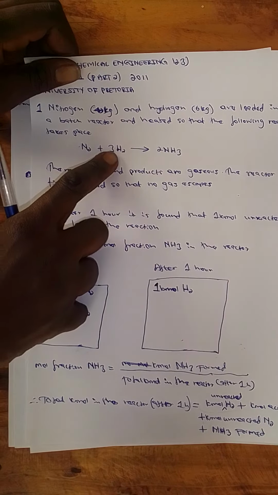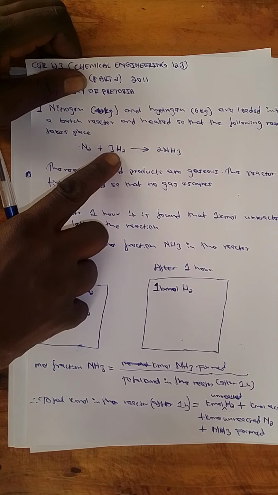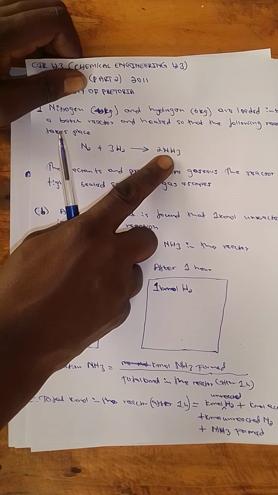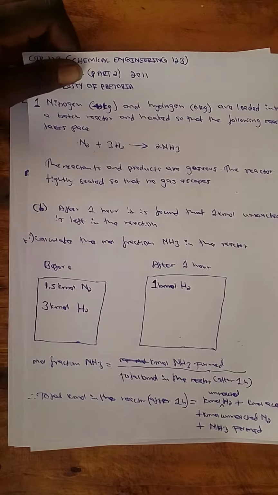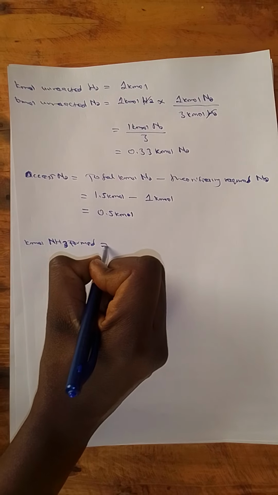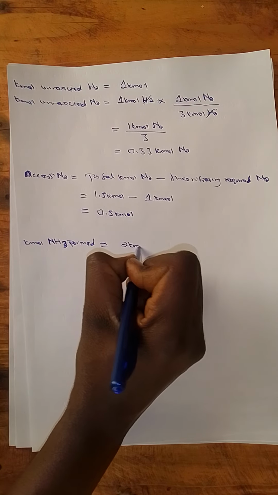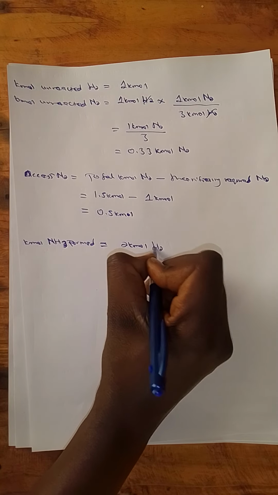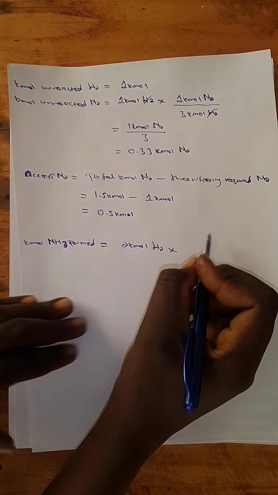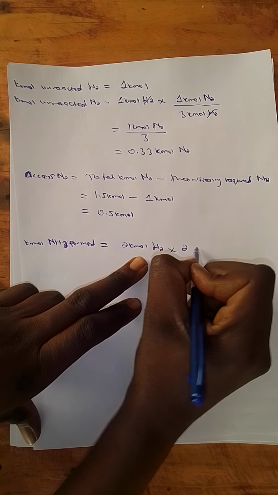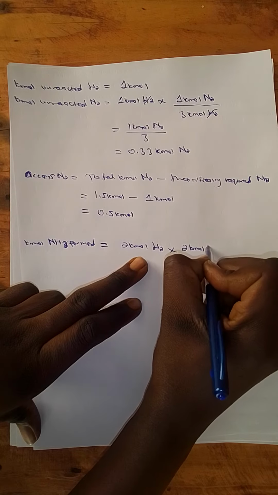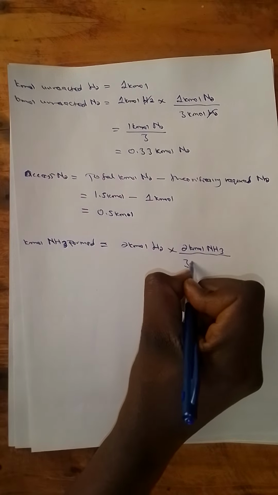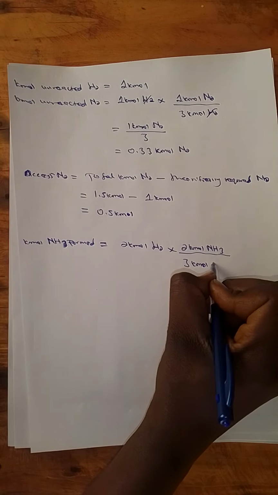Now when we go to the equation, if 2 kilomole of H2 reacted, we can use the ratio to calculate the NH3 that has formed. So it equals 2 kilomole H2 multiplied by the ratio, 2 kilomole NH3 all over 3 kilomole H2.